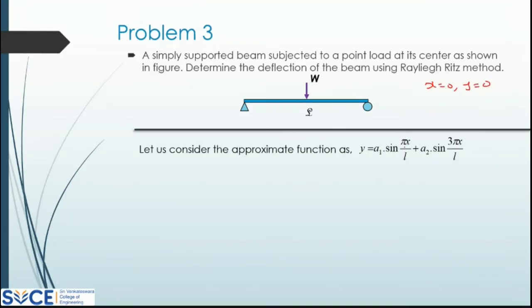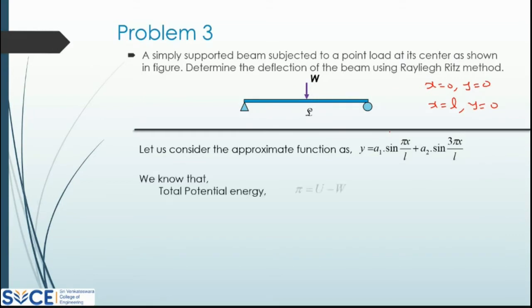Substituting, sine 0 becomes 0, and this is also 0, so it is satisfied. When I substitute x is equal to L, you get sine pi and sine 3 pi, which are also 0. So y is 0 again, and it satisfies the boundary condition. No need to change your trial function; you can use it as a regular trial function.